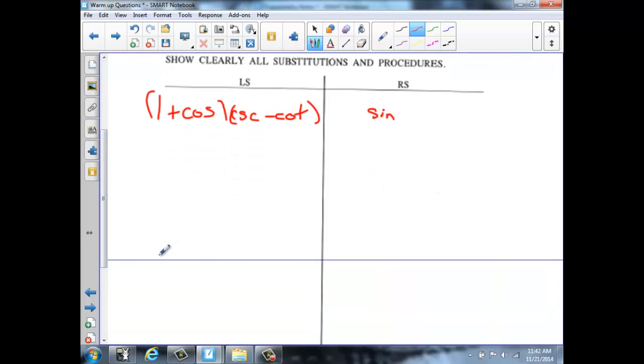Now, one of the things I could do is change everything to sine and cosine. So, there is a rule about cosecant on your data sheet. Cosecant is actually equal to 1 over sine. And there's also a rule about cotan on your data sheet, which is equal to something else too.